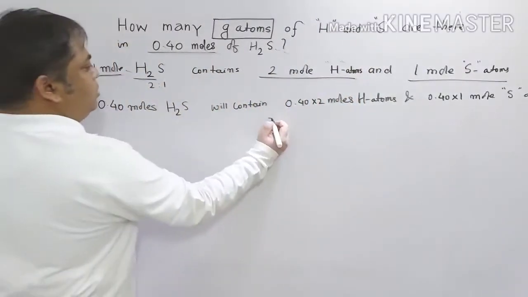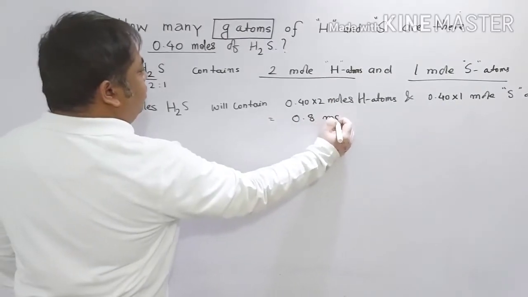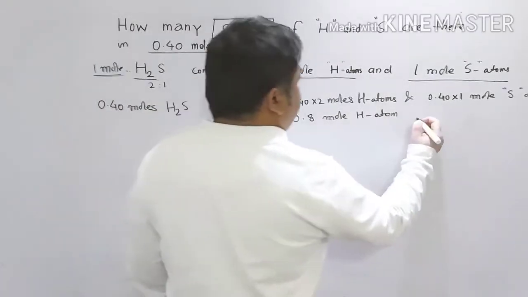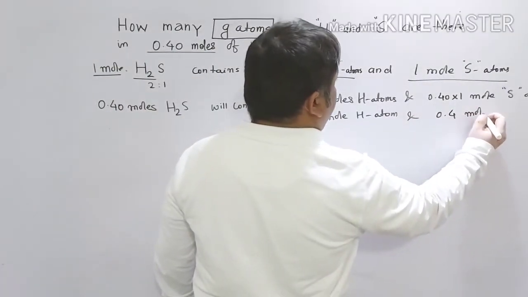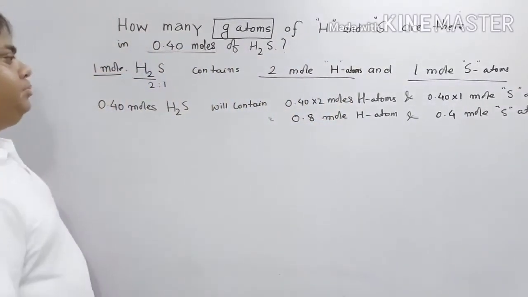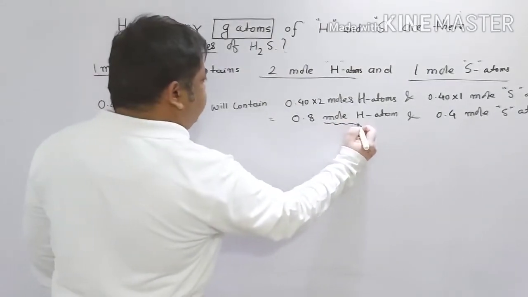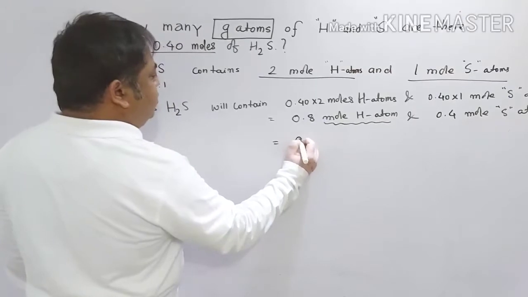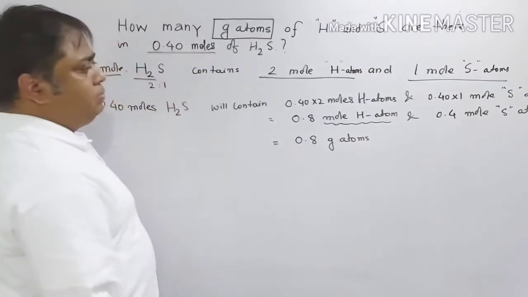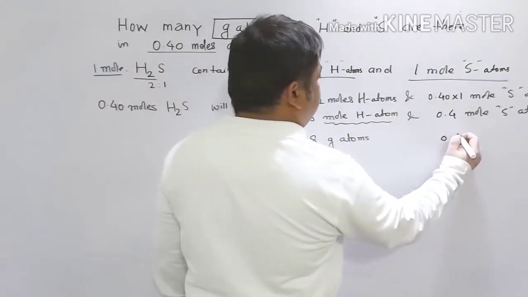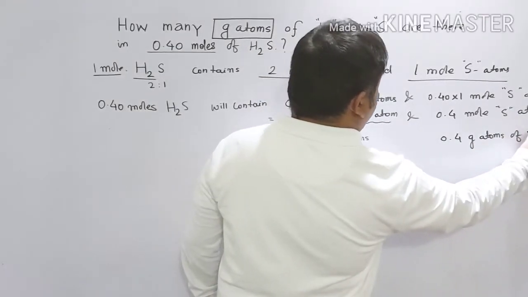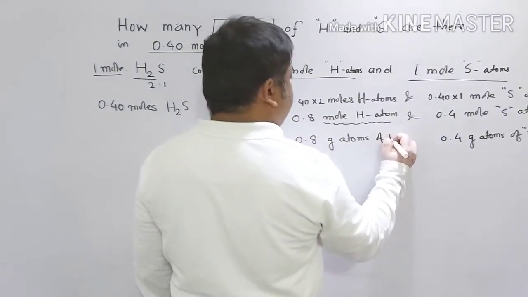So this will be equal to 0.8 mole hydrogen atom and 0.4 mole sulfur atom. Number of moles can be written as gram atoms. It will be 0.8 gram atoms and this will be 0.4 gram atoms. This will be of sulfur and this will be of hydrogen.